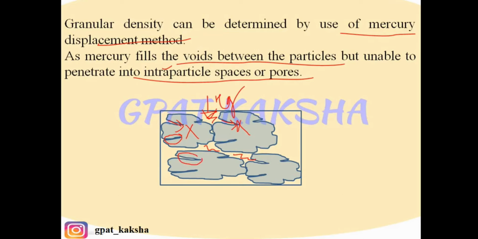At normal atmospheric pressure, mercury is unable to penetrate intraparticular spaces up to 10 micrometer, and just fills the voids, means interparticle spaces between the particles.